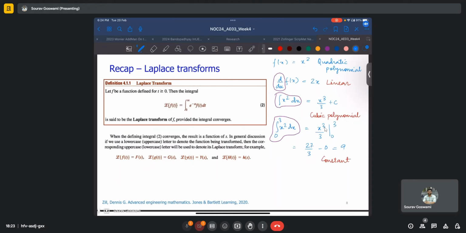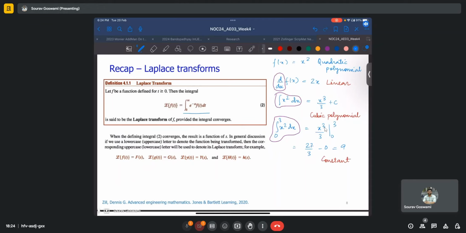So for any function which is defined for t greater than or equal to 0, the integral from 0 to infinity of e to the power minus st times f of t dt is actually the Laplace transform, provided the integral converges. S is a parameter here, and what we are actually doing is transforming our function from the t space to the s space.